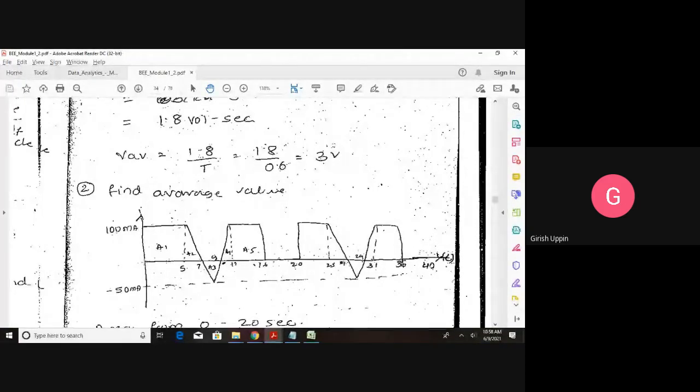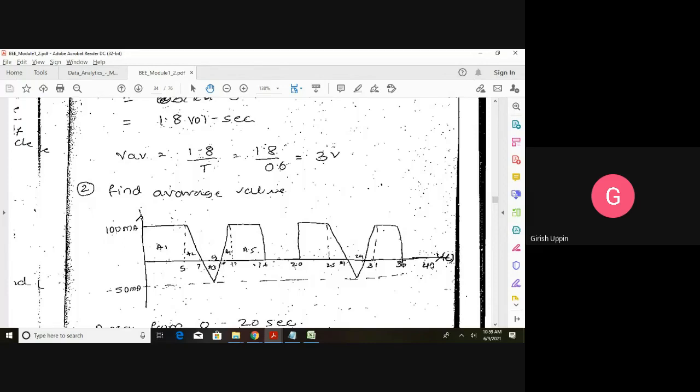At 0th second, it is 100 milliamperes, and for the next 5 seconds, it is 100 milliamperes. Then in the next 2 seconds, it will gradually decline and become 0, and this is 7, 8, 9. In the next 1 second, that is at second 8, it will go to the maximum value in the opposite direction, that is minus 50 milliamperes, and in the next 1 second it will reduce. So it forms a triangular negative cycle.